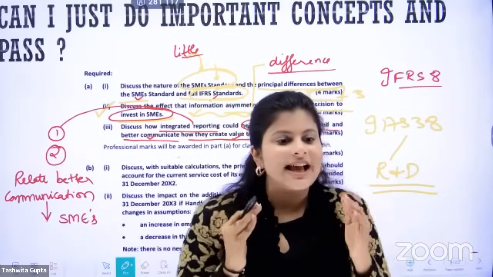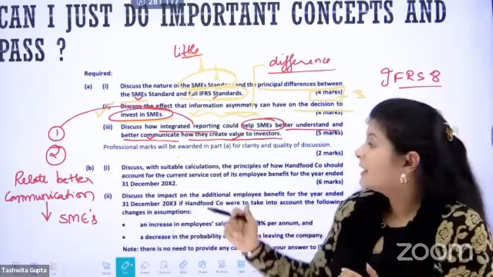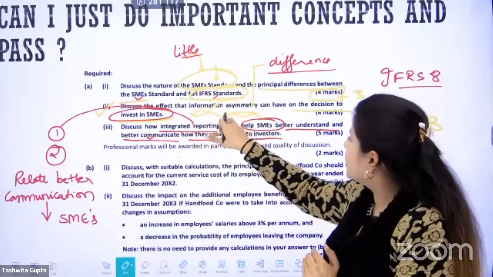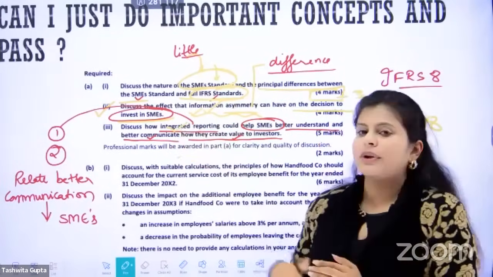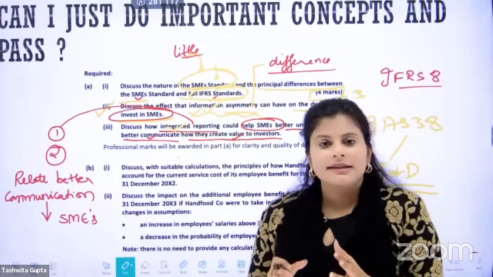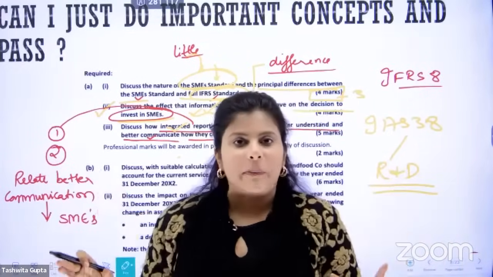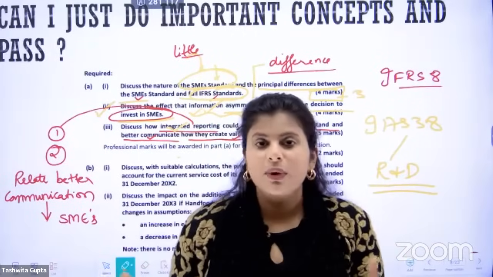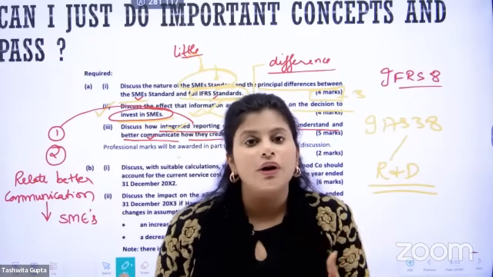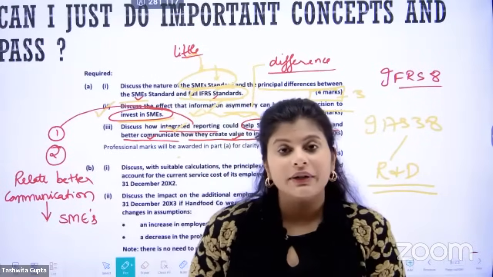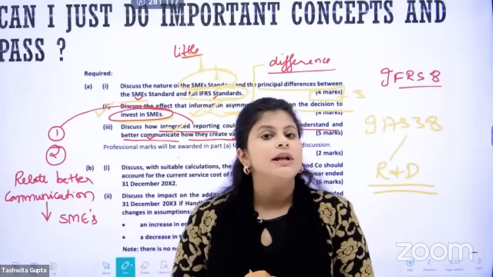So basically, the examiner is giving you a hint that information asymmetry is a problem and its solution is integrated reporting. So we understand that as an SME, you are expensing your development cost. But why can't you disclose it? You can't record it in balance sheet. You can't record it in P&L. You can disclose it as part of your integrated report. So that would become your intellectual capital.